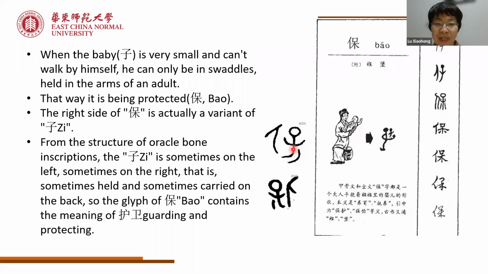Sometimes he was held in the arms and sometimes he was carried on the back. So the glyph of 保 contains the meaning of guarding and protecting. That's the original meaning of protecting a baby. But now we can use this word to mean protecting people, protecting the country. That's how this word evolved.